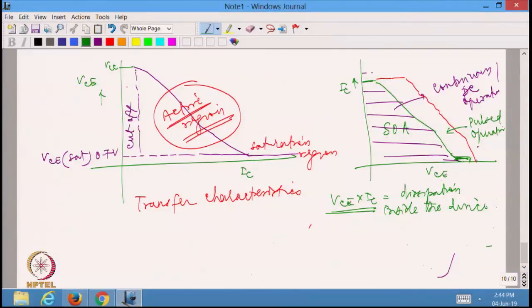So, in general, whenever we design a transistor circuit, we have to check whether it is within the safe operating area of the device or not. That is what is going to tell us whether I will be able to operate it safely, right.